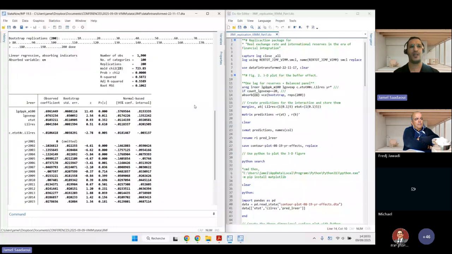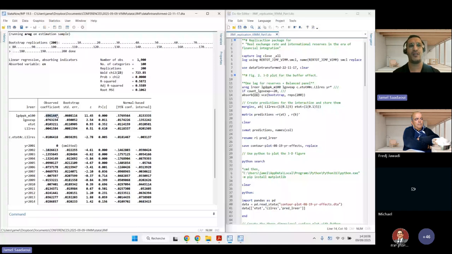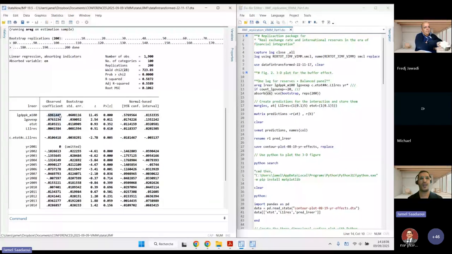So what you can see here is that a higher GDP per capita relative to the US appreciates the exchange rate. This is the Balassa-Samuelson effect. A higher share of government expenditure appreciates the exchange rate, because government expenditure is targeting, most of the time, non-tradable goods.